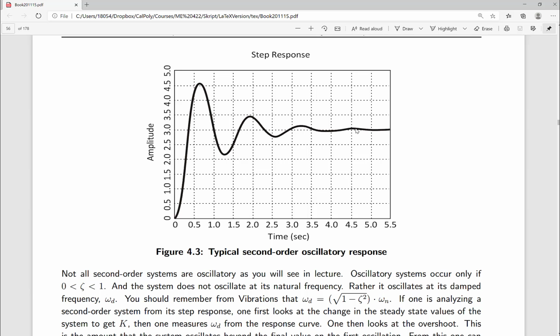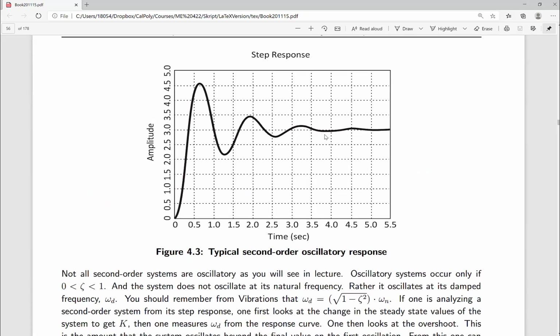Now the end is kind of hard to define because it's still wiggling and the wiggles die out rather slowly. But from a practical engineering standpoint, you want to know once you get into a certain range here at the end and don't go out of it again, that's actually called the settling time.